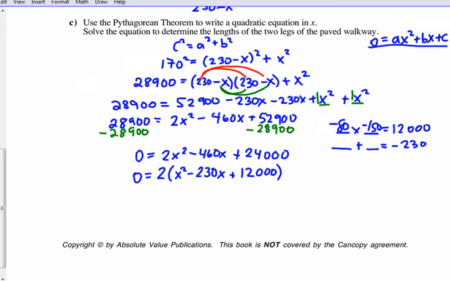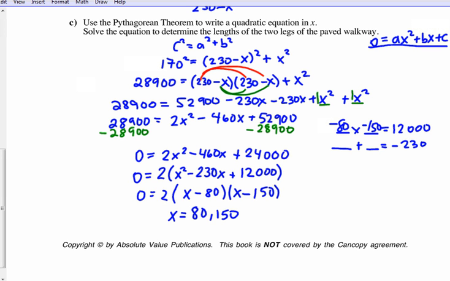So if we go straight to factoring this, how would you write that? Because it's simple, no need for the x squared anymore. x minus 80, and no x needed there, right? x minus 150. So what's our solution? x equals 80 or 150.